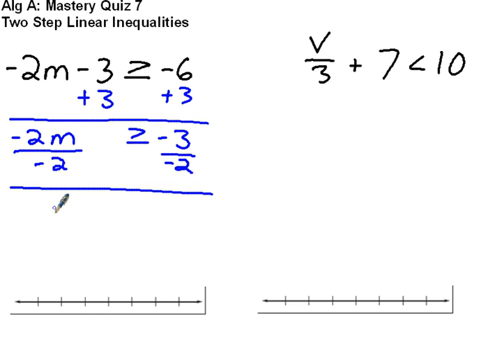So this becomes m, and this inequality must now change from a greater than to a less than or equal to. Negative 3 divided by negative 2 just becomes 3 halves.